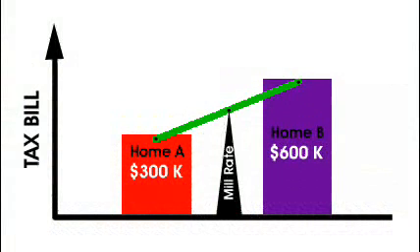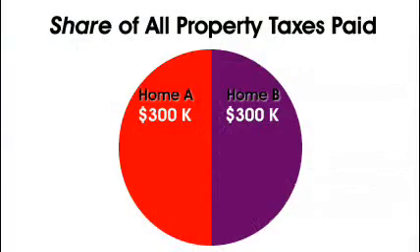Now that guy who owns a $600,000 house because he made improvements to it, his tax bill goes up. So if you want to think of it this way, if your home increases in value relative to other houses, your share of the tax burden is going to go up, and everyone else's share of the tax burden is going to go down. It's a fixed pie as long as the mill rate isn't changing.